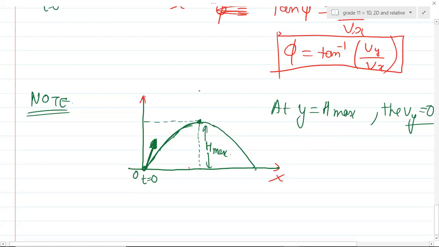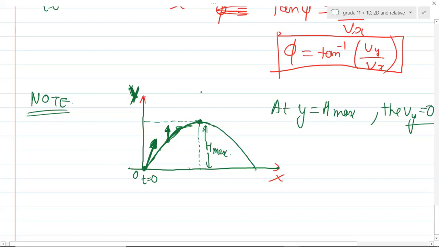If it is not going further up or down, can I say the vertical component of the velocity becomes 0? Yes, sir. At any general point, like this point, it has a certain vertical component, that's why it is still going up. But at this point, it doesn't go further up. That implies at this particular time, the vertical component of the velocity becomes 0.